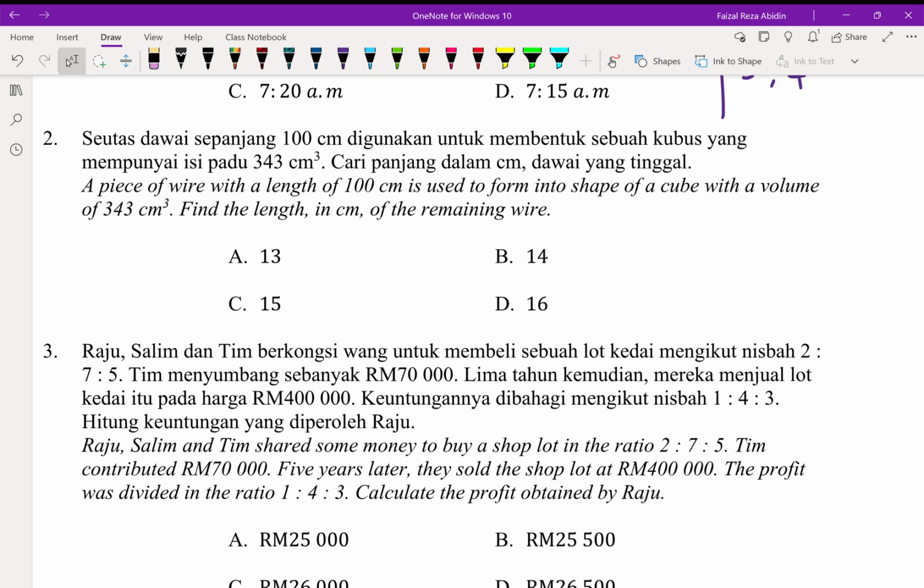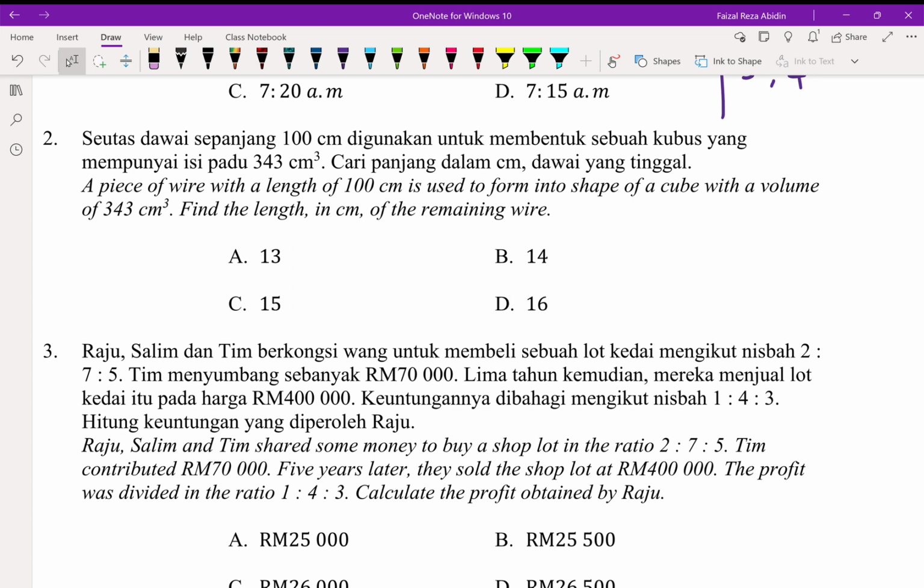A piece of wire with a length of 100 centimeter is used to form into the shape of a cube. So, just imagine, you have a wire. The length of the wire is 100 centimeter. Okay? You are not going to cut the wire.